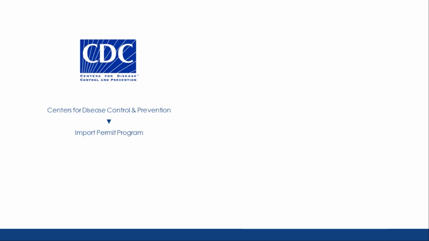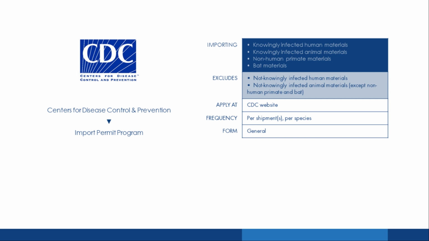So the final agency we're going to talk about for imports is the Centers for Disease Control and Prevention. And they have an import permit program where you can go online and learn more if you need to. So the CDC is concerned with knowingly infected human materials, knowingly infected animal materials, and non-human primate materials and bat materials.